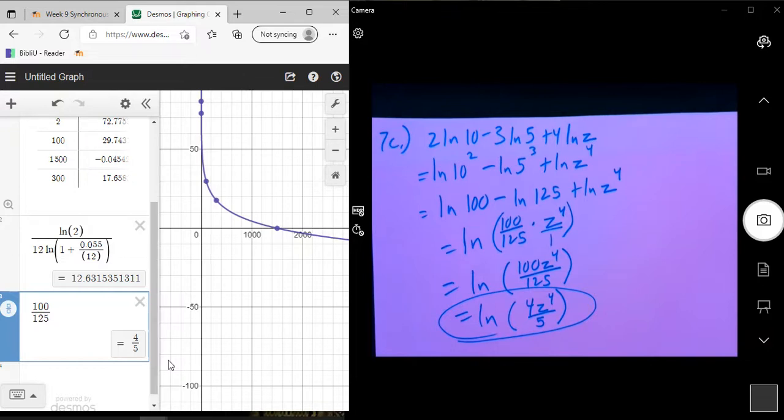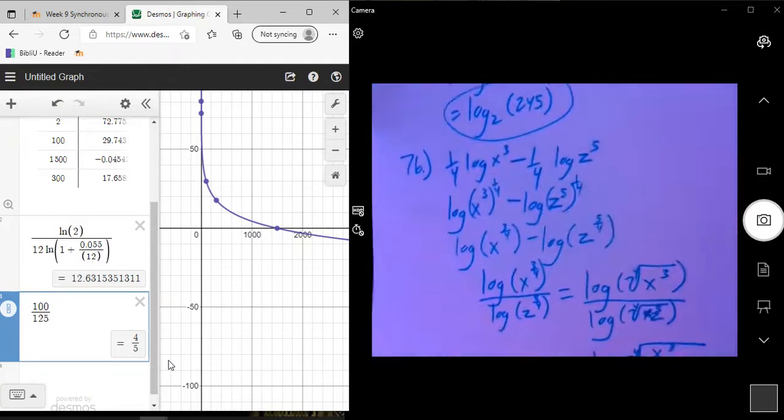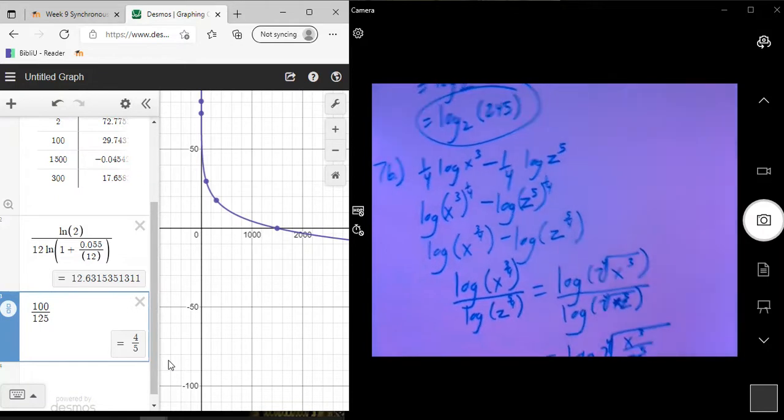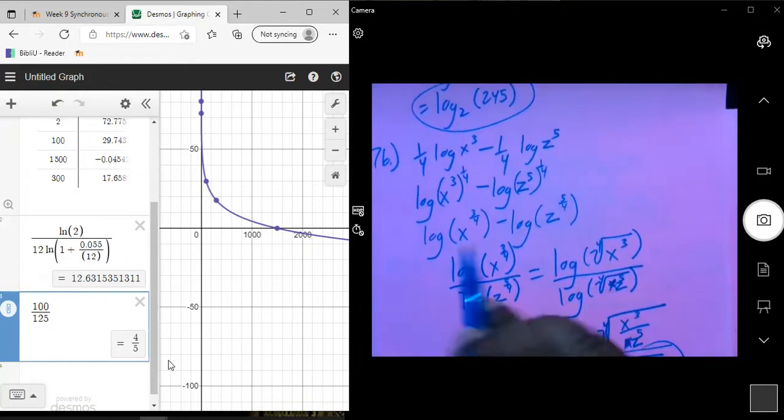Now, there is one thing that I need to go back to with 7b. The answer that we have for 7b is correct, but I made a slight little error that I want to correct, and you all could put this in your notes. Up here was fine, but when we got here is where I made an error.